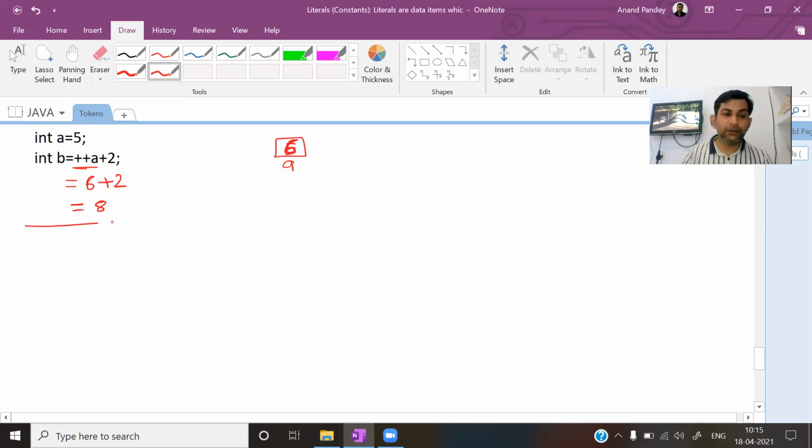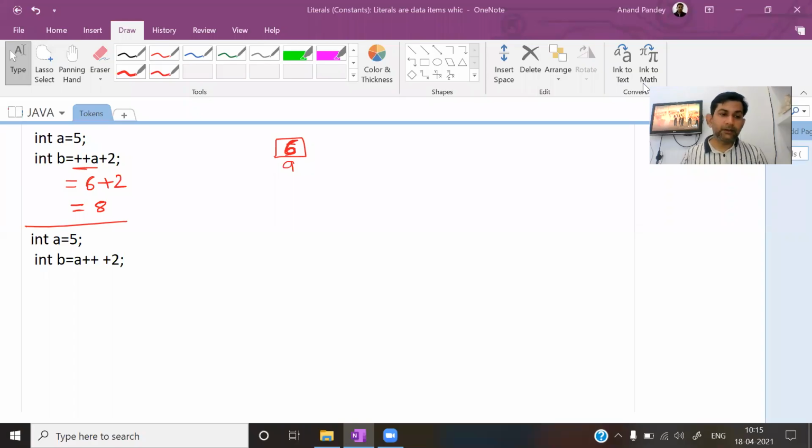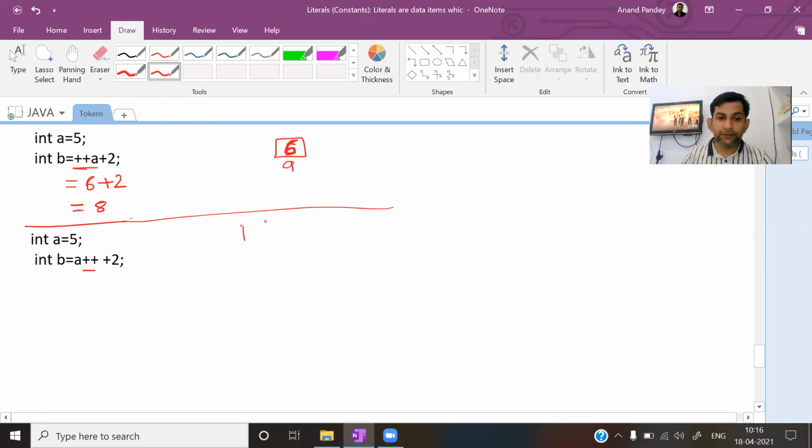Same example I am going to write with the postfix, and then I will clear the differences. Now see another example I have written, and here I am using postfix increment operator. Okay, so listen, the same example I have written, but instead of prefix here I am using postfix. So listen, the value of a is what? Same.